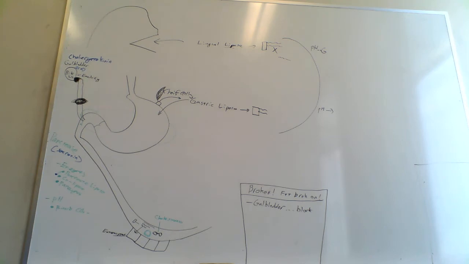So if we get that blocked, we ain't getting no bile. We don't get bile, we don't emulsify. The enzymes work about as well as a pair of shoes that has two holes with lids. In other words, there's no soles on your shoes.